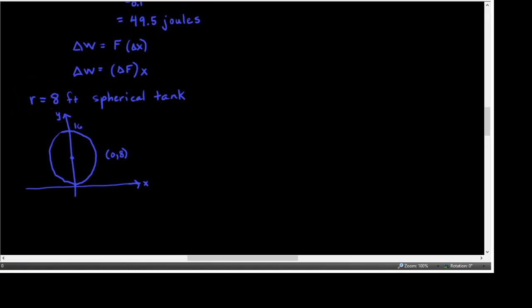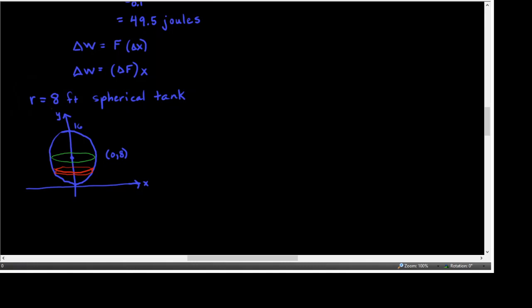Okay, so we have oil in this, and it'll look something like this at the top of the oil. So it's half full. What we're going to do is cut out a representational slice of oil, just somewhere random. And we're going to make an assumption that it's cylindrical in shape.